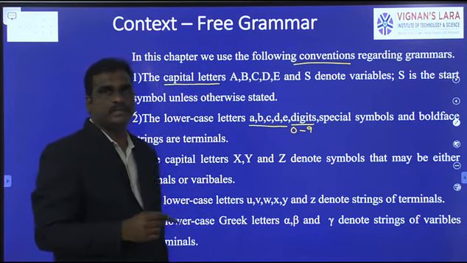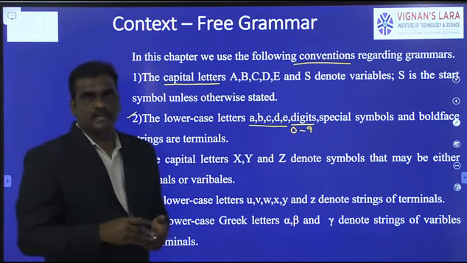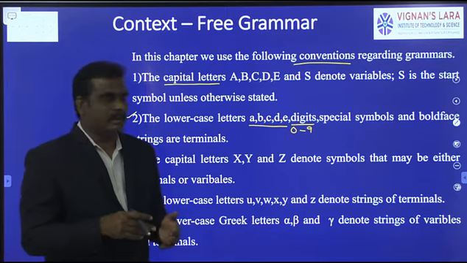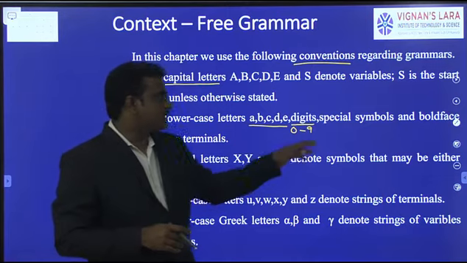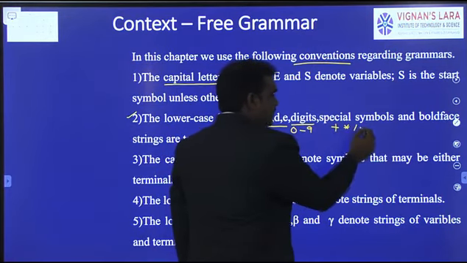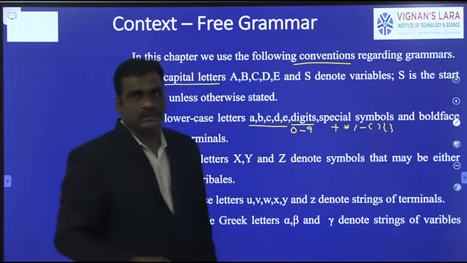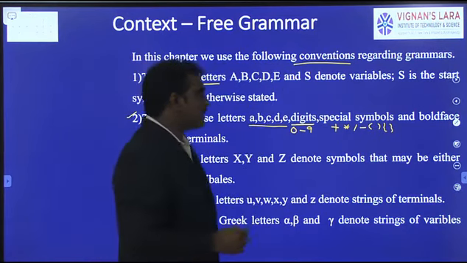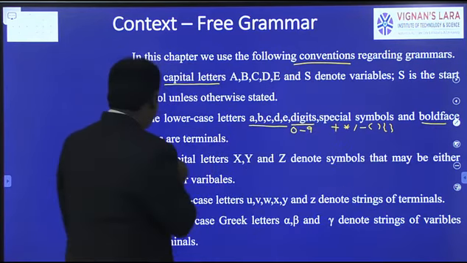All of you know that special symbols mean nothing but operators, plus, star, dollar, open parenthesis, closing parenthesis, braces. Everything comes under special symbols like plus, star, division, minus, open, closing. And the last one is boldface strings.